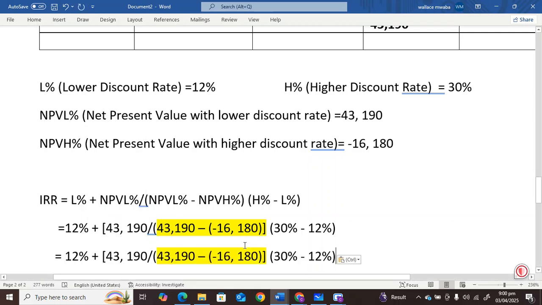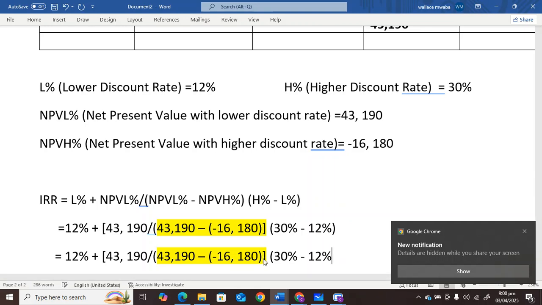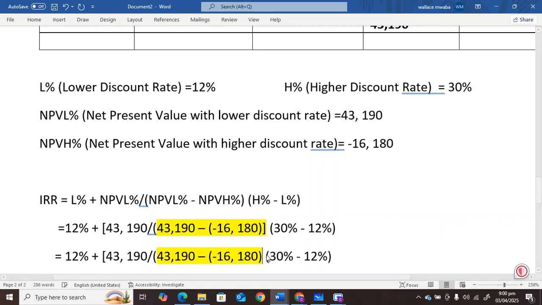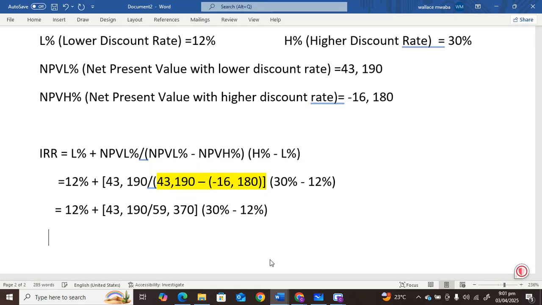What do we get? 59,298. Then 43,190 divided by 59,370.